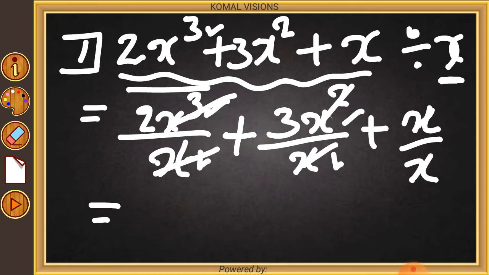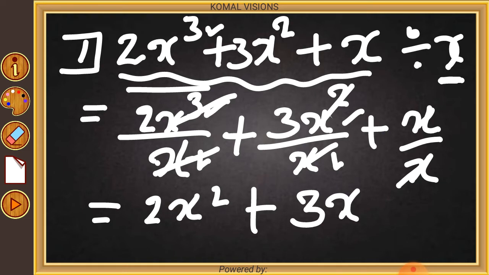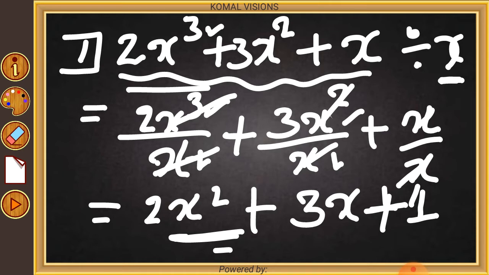I'll be left with 2x square, because one x is gone in this expression, plus 3x square was there. When I divide that by x, one x is gone, so it will be 3x, plus x by x, x gone, 1 will be left there. Some students used to leave it as it is and write 0 there. You shouldn't do like that. So this is one method of doing division for polynomials. We can do it like this. This is the answer.